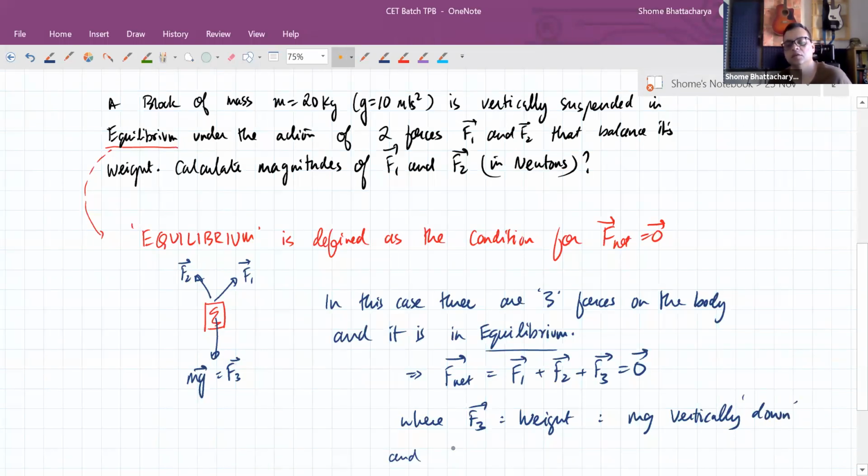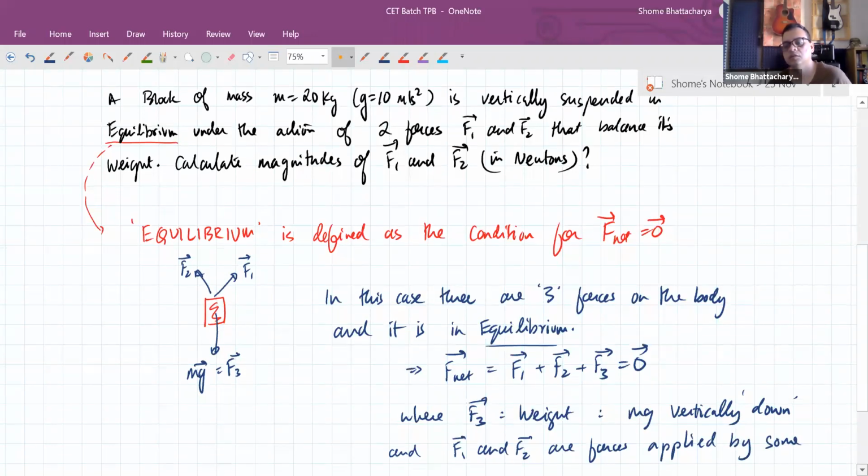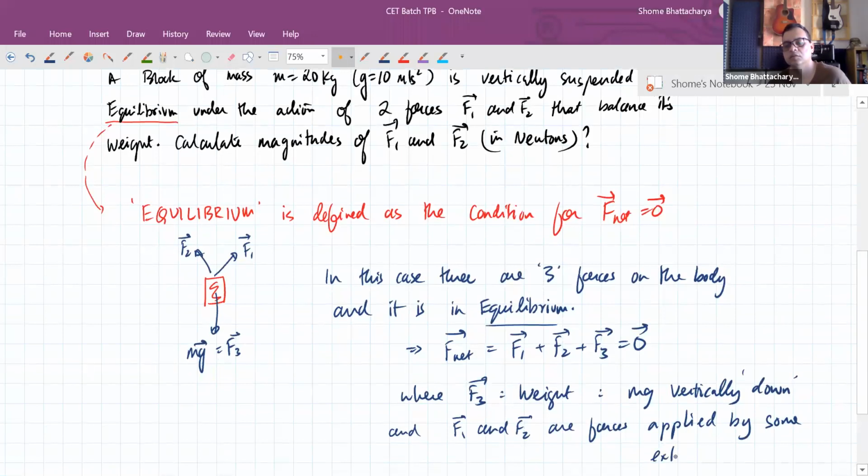and F1 and F2 are forces applied by some external agent, and they are in a direction which we have shown earlier, that this angle is equal to this angle, which is 30 degrees.